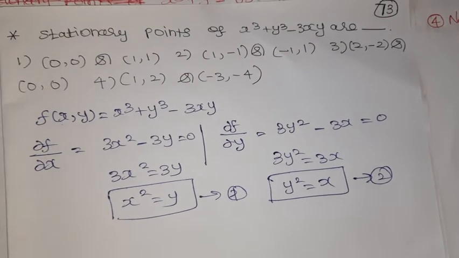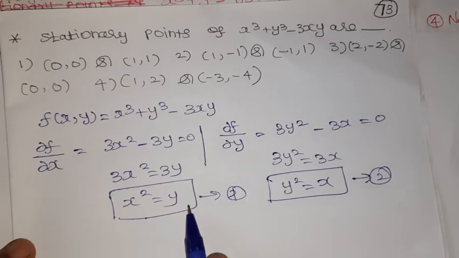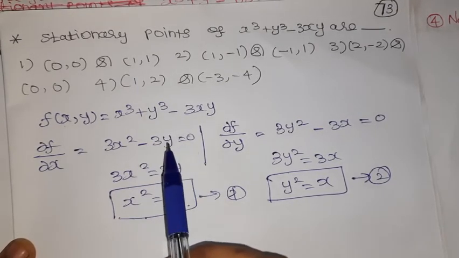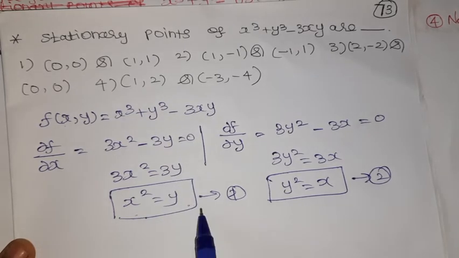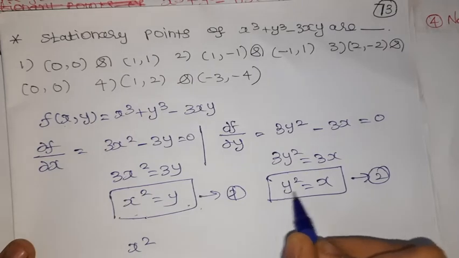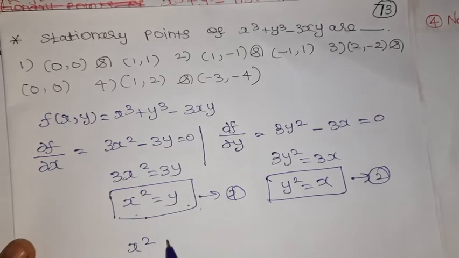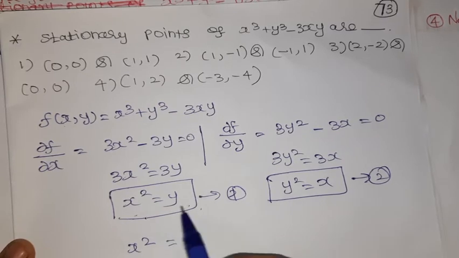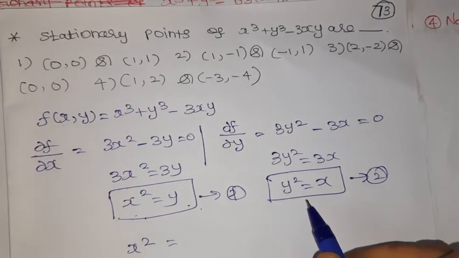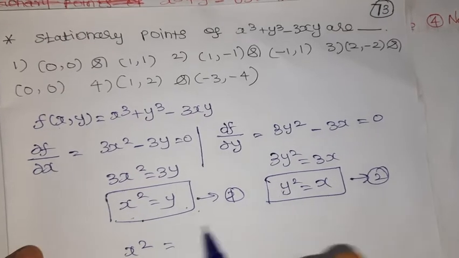So, x squared equals y, right? From y squared equals x, y equals square root of x.